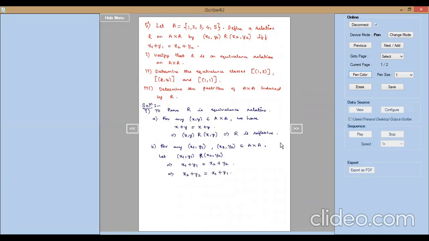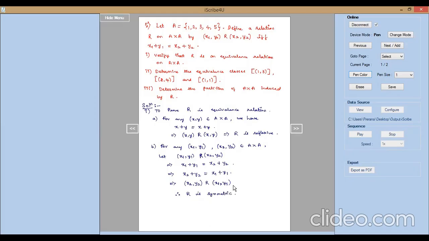I just reversed the LHS and RHS. This is one and the same as writing (x2, y2) is related to (x1, y1). So we started with (x1, y1) related to (x2, y2), and we have proved (x2, y2) is related to (x1, y1). So can I conclude that R is symmetric? R is symmetric.